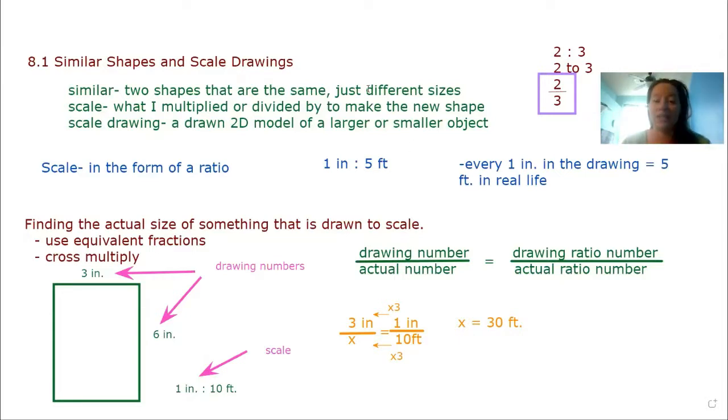Let's set up our second problem. I'm going to do this one in blue. So our second one, we start out exactly the same way. Our drawing number, which is 6 inches, set equal to our drawing ratio number, which is 1 inch, over our actual number, which we do not know, and the actual ratio number, which is 10 feet.